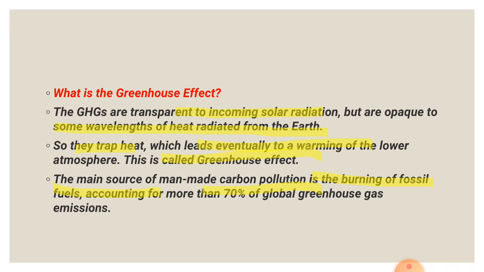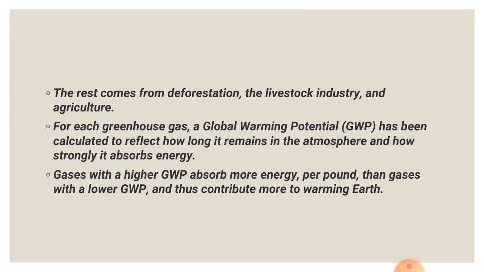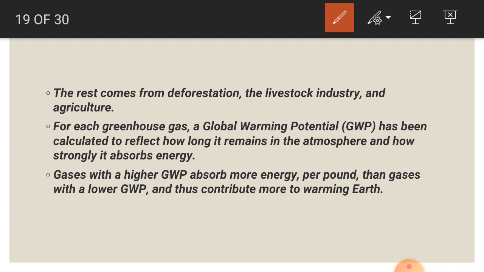So basically we are done with the greenhouse gas effect, and the rest comes from deforestation, the livestock industry, and agriculture. For each greenhouse gas there is a term, global warming potential, which has been calculated to reflect how long it can remain in the atmosphere and how strongly it absorbs energy.